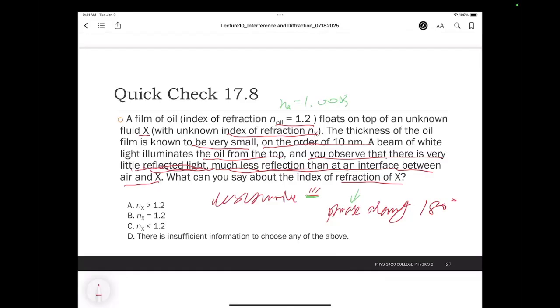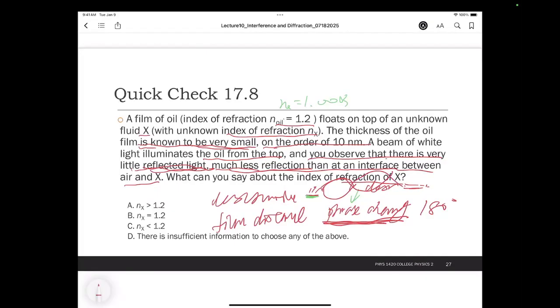But this one is very tricky, because the oil film is known to be very small, which means we can ignore the film thickness. So here we just need to think about the phase change from air to the oil, because the index of refraction increases, so there will be a phase change. If we want destructive interference, then we need to make the phase opposite. That makes sense to you?